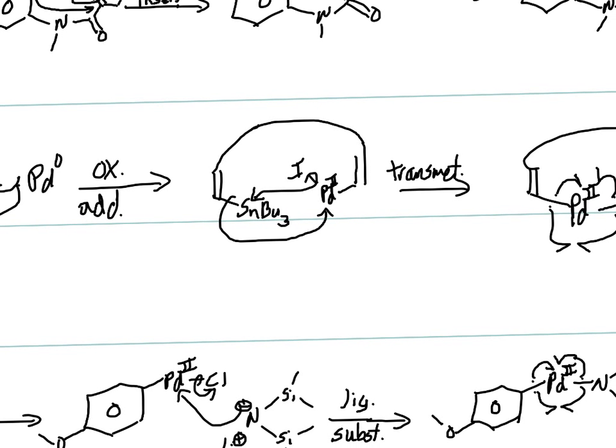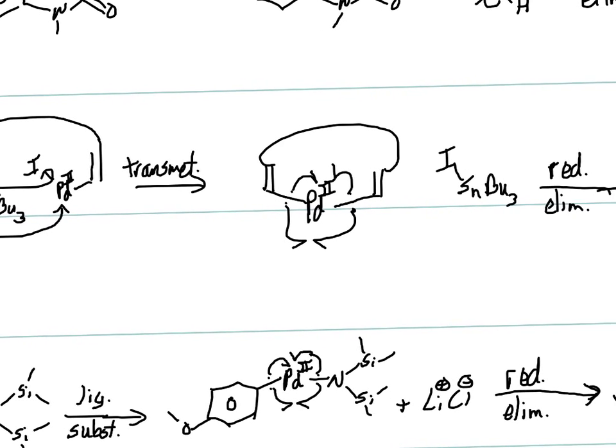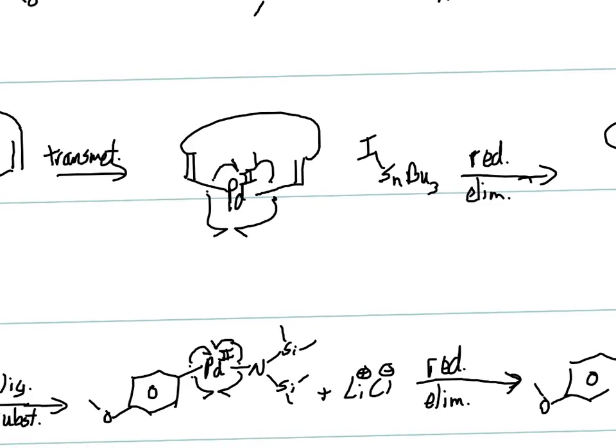Our palladium 2 then will do a transmetallation with the tin, swapping out the iodide on the tin for the carbon piece onto the palladium. Usually you want to put the carbon pieces on the palladium. The palladium is where the action kind of happens. So once we do that transmetallation, we can do a reductive elimination. Palladium 2 goes back to palladium 0.